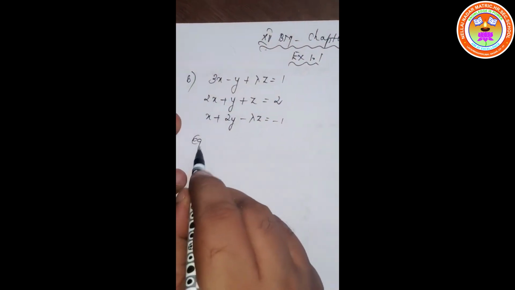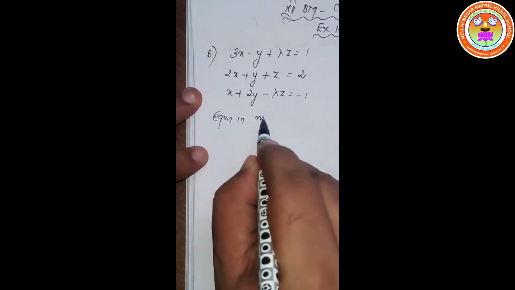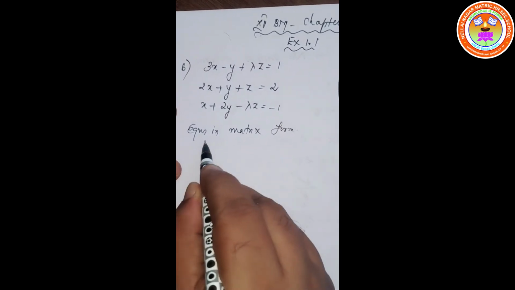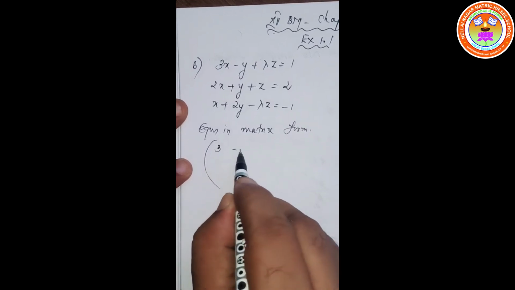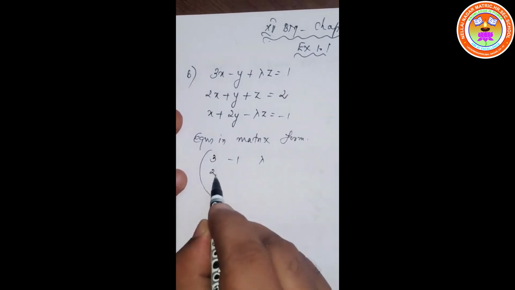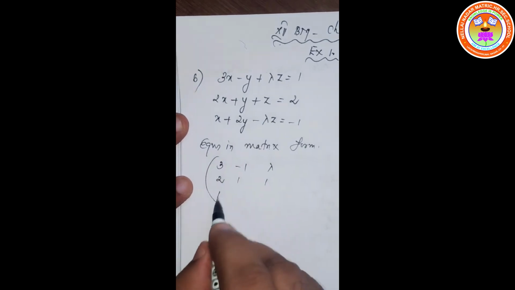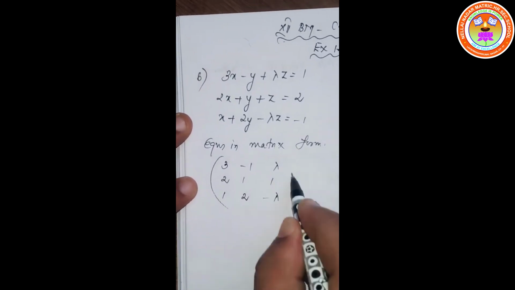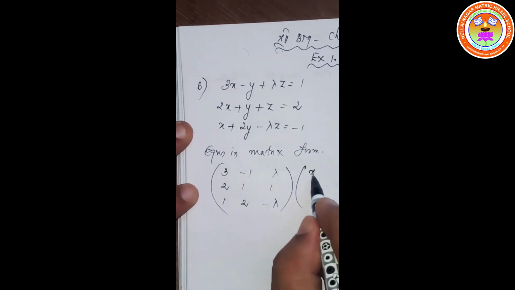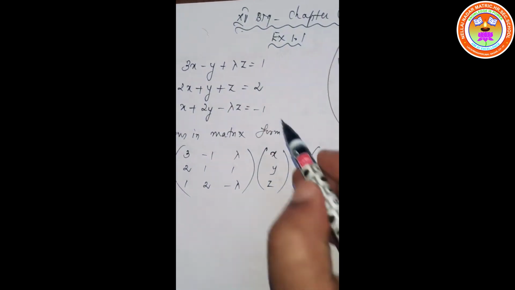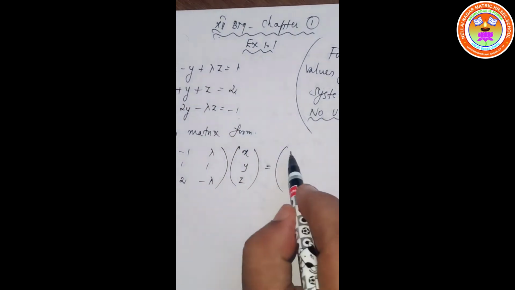Write the equations in matrix form. Three, minus 1, lambda; 2, 1, 1; 1, 2, minus lambda. Here x, y, z equals 1, 2 and minus 1 in the right hand side.